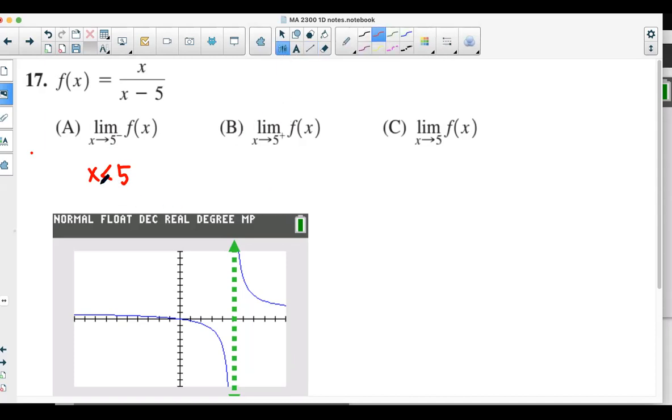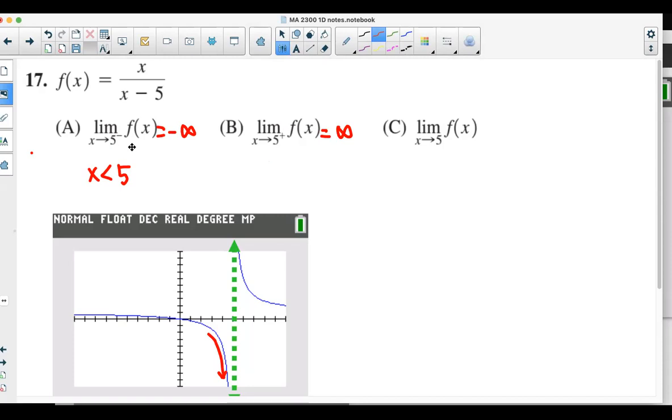Since x is less than 5, which direction is it approaching? Oh, it's going down. So my answer will be negative infinity. Right? But here, I'm coming from the right side. Which value is it approaching? Oh, positive infinity.